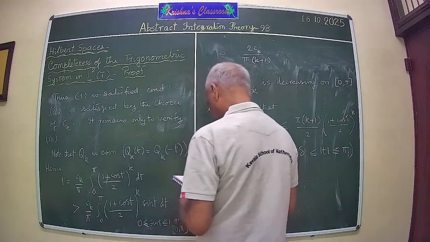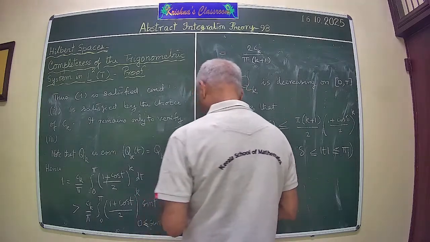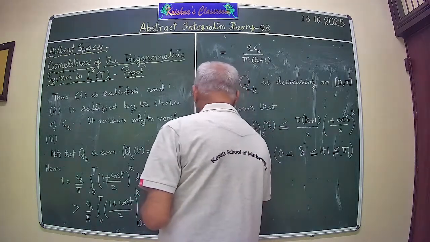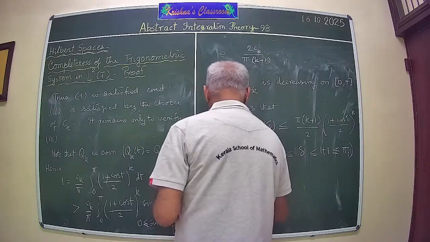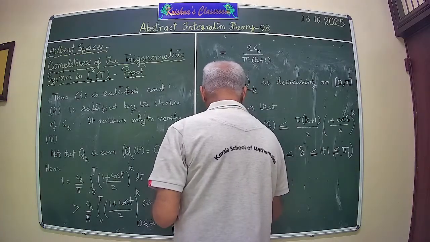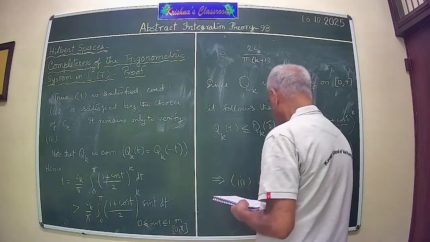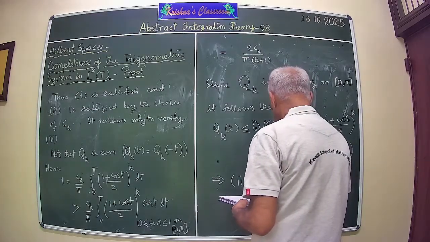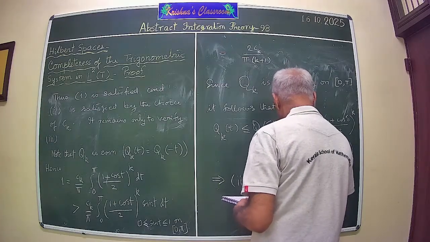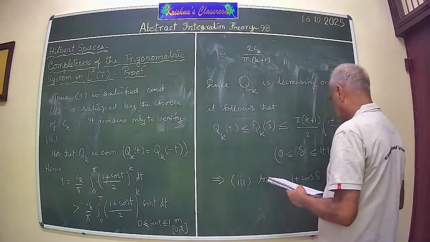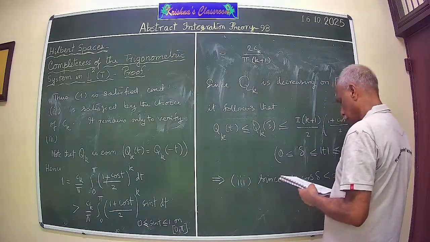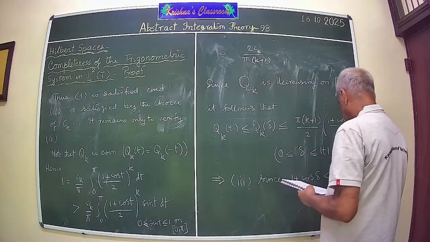Okay, which implies the third statement, because cos delta is less than 1 over 0 less than delta.